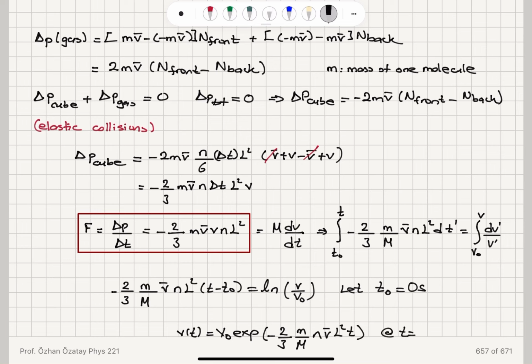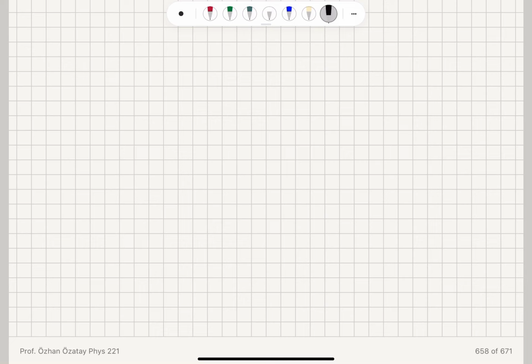And at t equal to t prime, I will have the speed reduced to half of its original value. That's the question. So here I will have v0 exponential of minus 2/3 m divided by capital M, and v bar n L square at time t prime is equal to v0 divided by 2, so v0s will cancel.